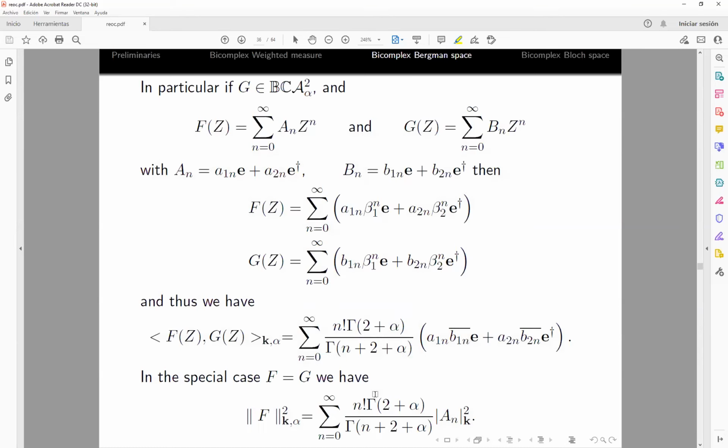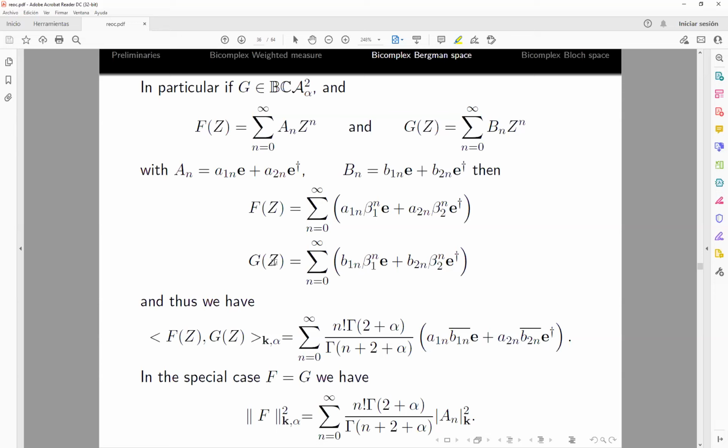Now, in particular, if we choose another function g in the weighted Bergman space A2, with this representation of each function in power series using the variable z, then each coefficient can be written in its idempotent components, and B_n, of course, is the idempotent expression.